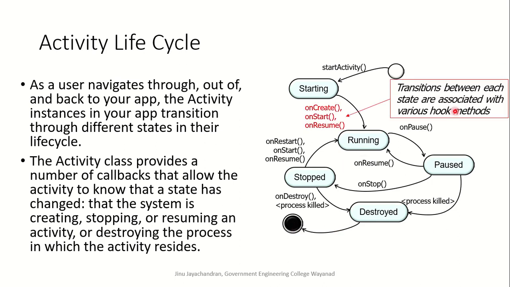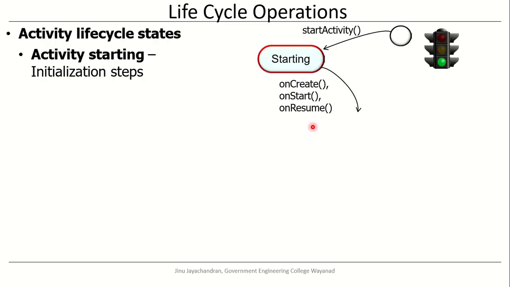So transitions between states are associated with various hook methods. Hook methods means the callback functions. So let's look at the different states. The first state is obviously the starting state. When you boot up the Android device, all the applications will be coming up and will be in the starting state.